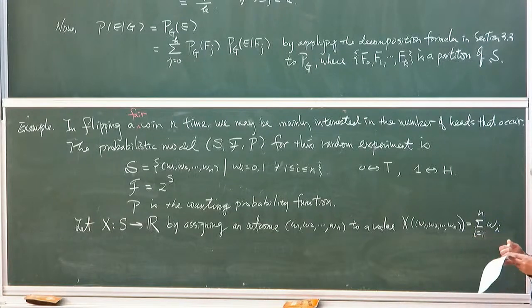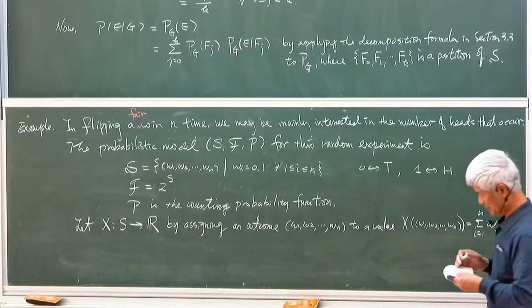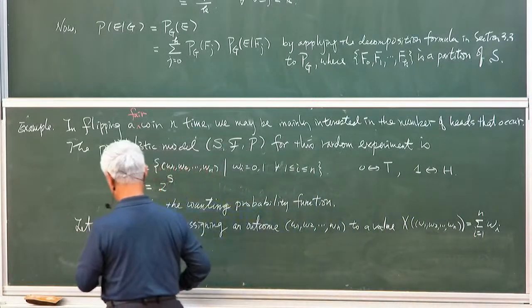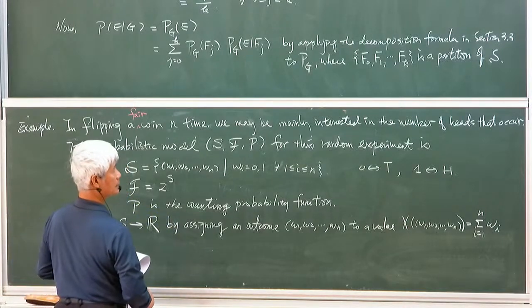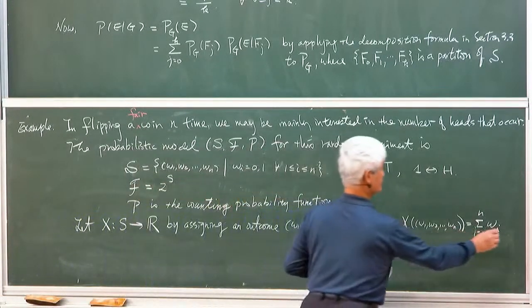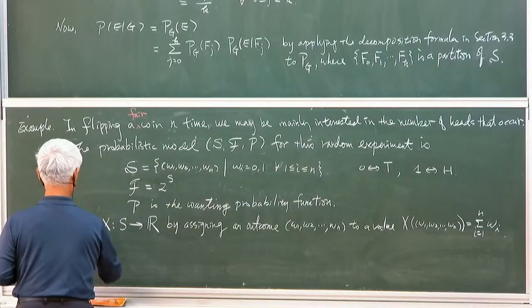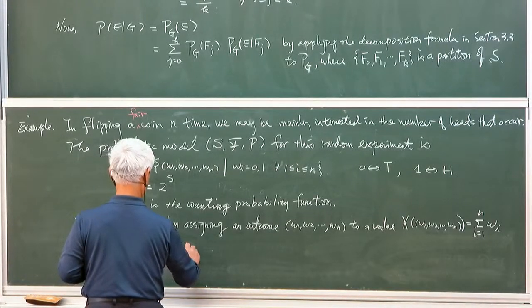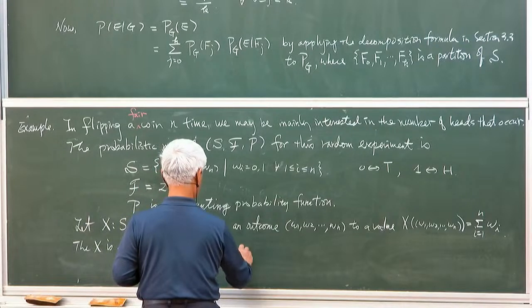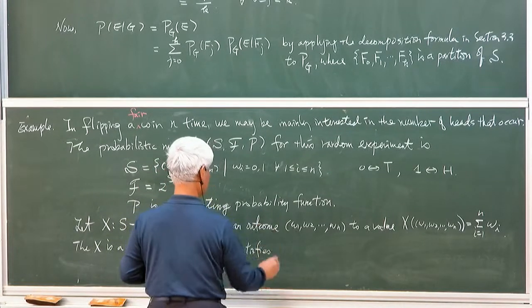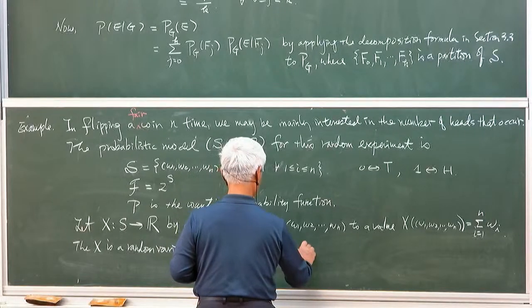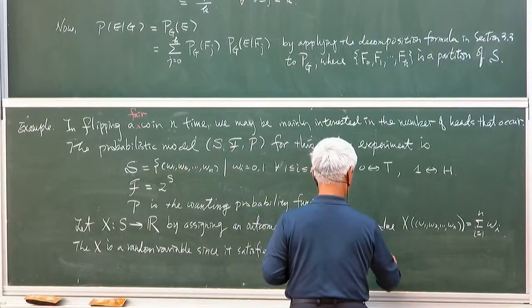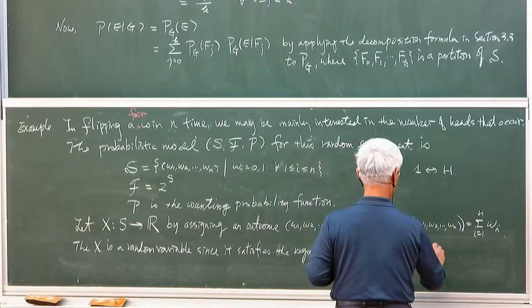So you define a random variable. Then X is a random variable since it satisfies the required general property, as will be seen.